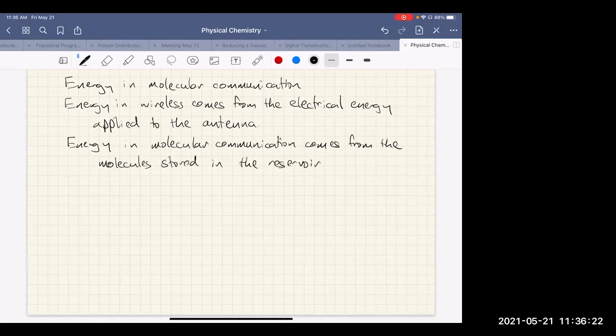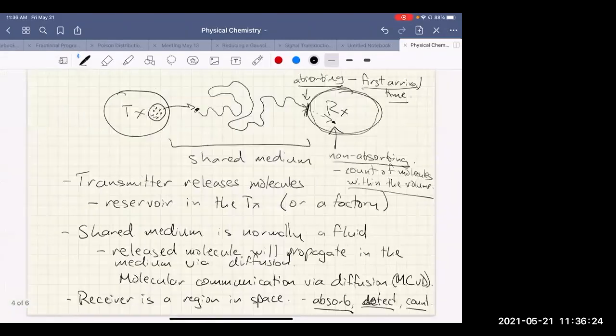So let's go back a couple pages. Remember our reservoir right here. That reservoir is where I store the molecules that get transmitted. Once those molecules leave, they propagate by Brownian motion.